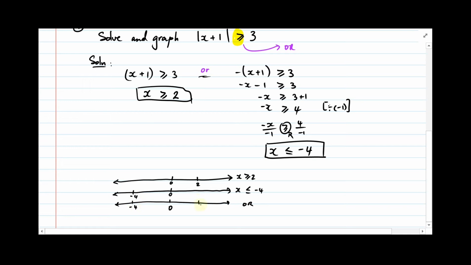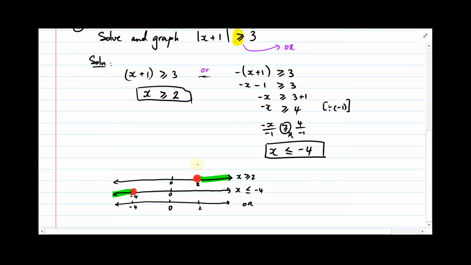Of course, we do the same. And let's highlight what we have. So if we look at this, the solution would be x is greater than or equal to 2, everything above 2. When we look at the other side, negative 4 is included, everything below negative 4.